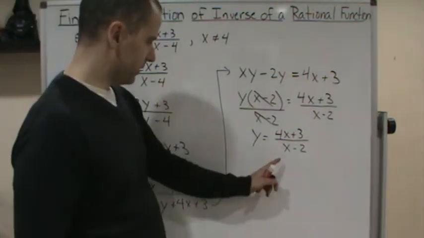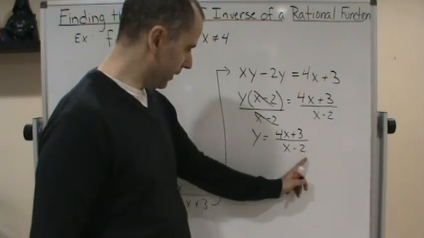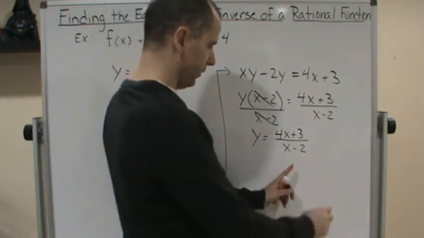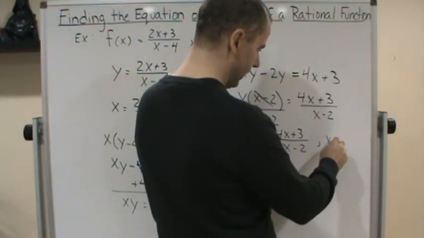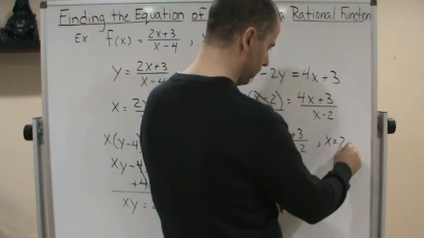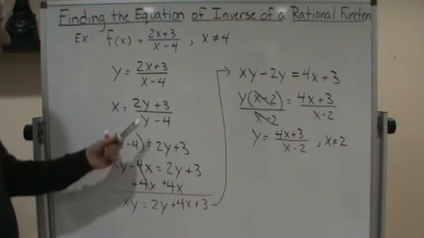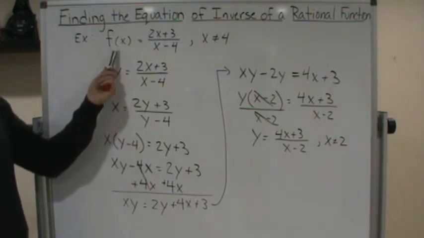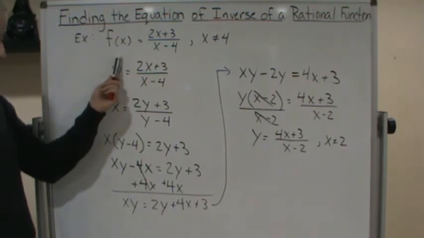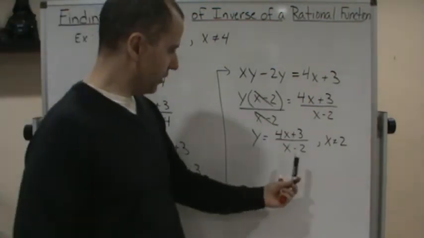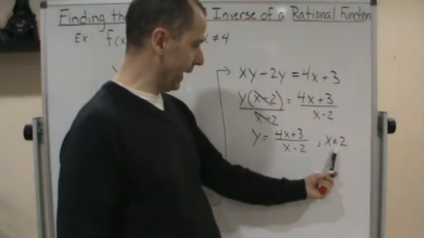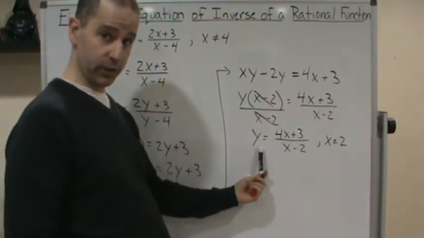And notice that now, what is the restricted value here? The restricted value is x cannot equal 2. And that should make perfect sense since 2 is not in the range of the original function. It makes sense that 2 would not be in the domain of the inverse function.